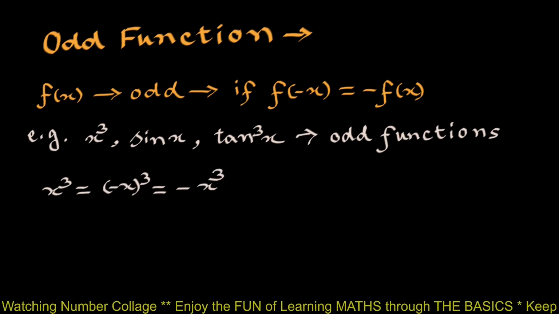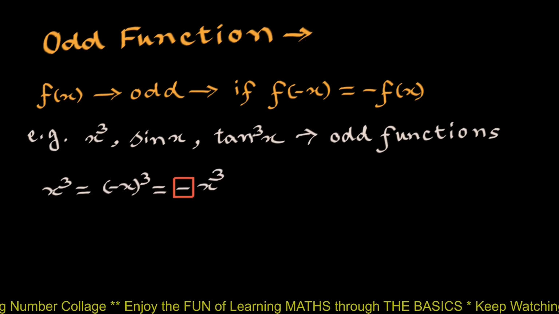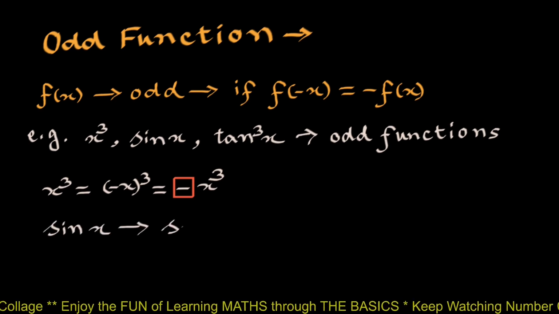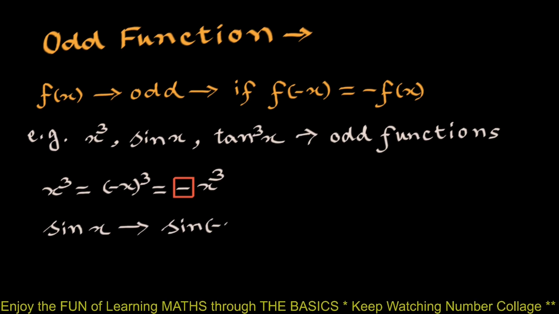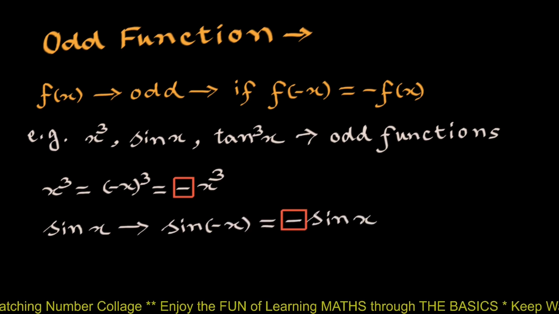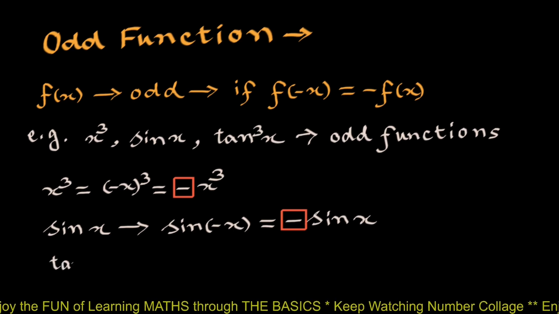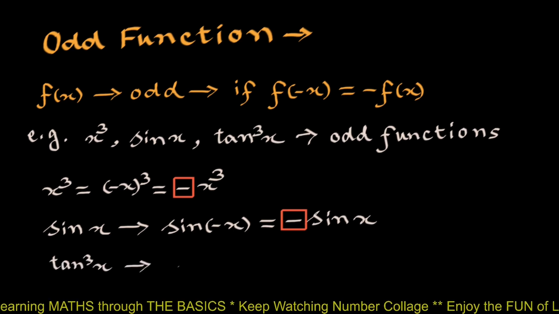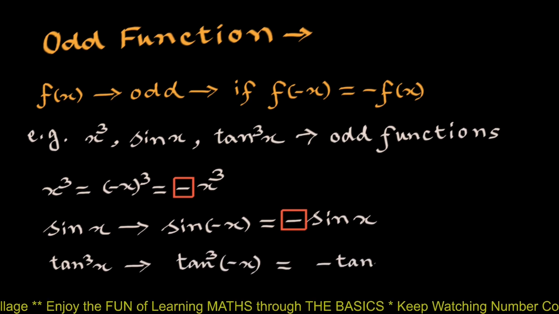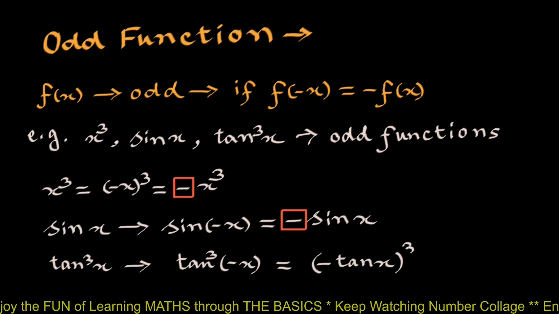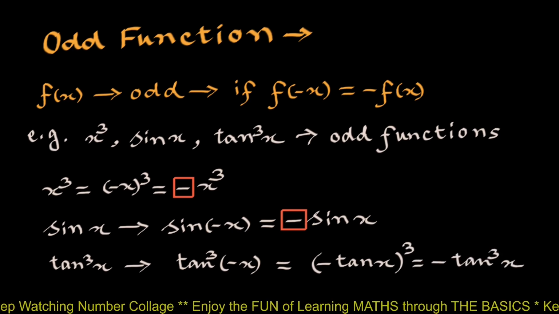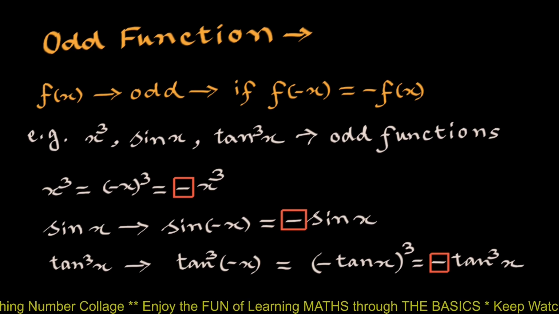That is, the function assumes a negative sign. Similarly, sin x after replacing its x by minus x becomes minus sin x, which takes a negative sign. Tan cube x also after replacing its x by minus x becomes minus tan x whole cube, which is minus tan cube x. Here it also assumes a negative sign.